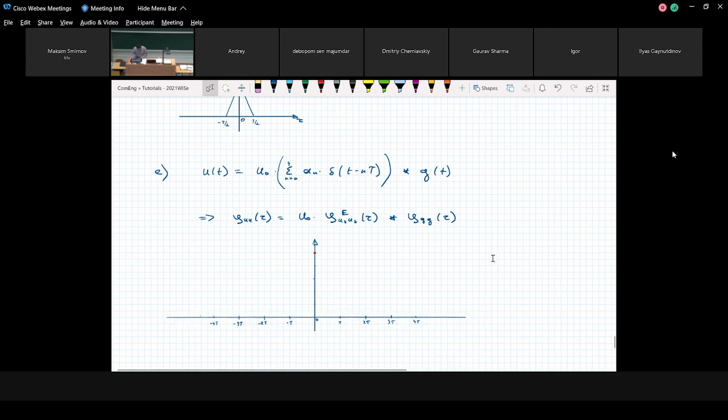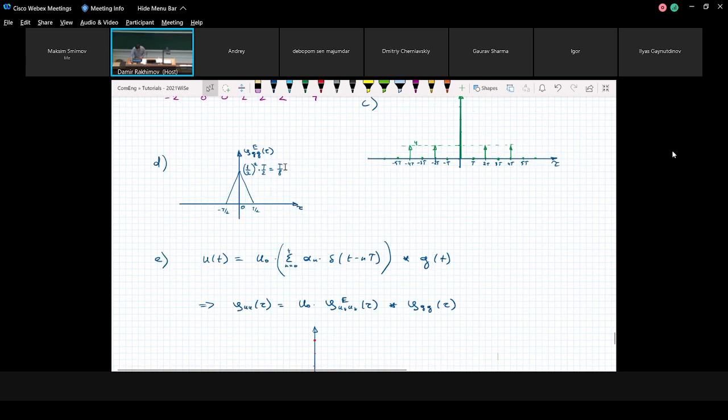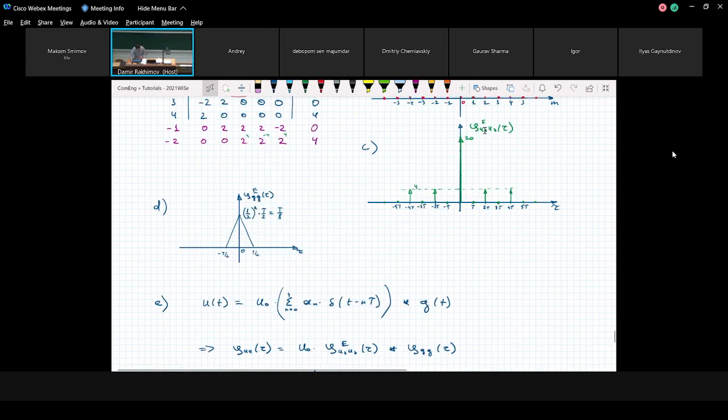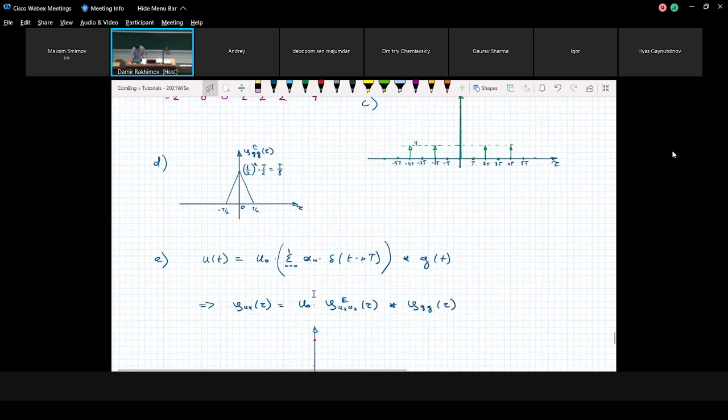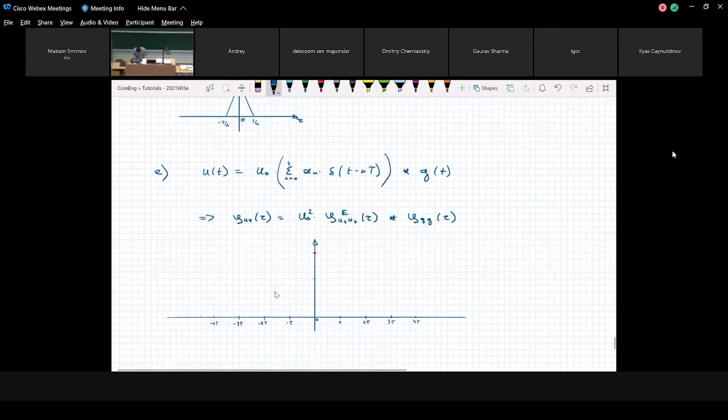okay, at 0, let's see what we have at 0. We have to multiply the triangular with amplitude t over 8, a delta pulse with magnitude 20, and an additional term, u0 squared. At 0, we have times 20.